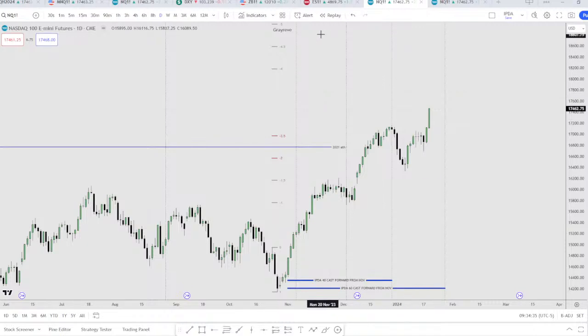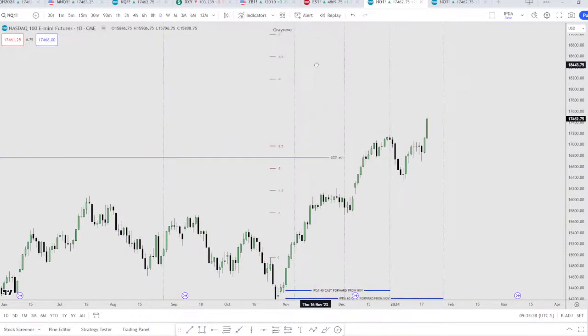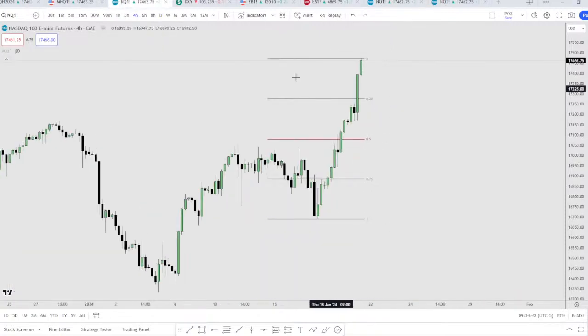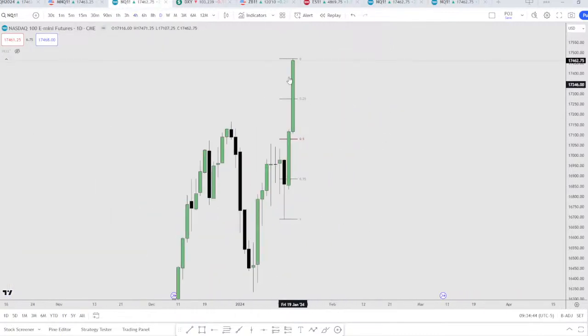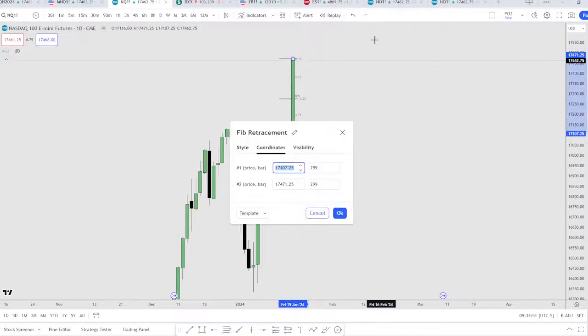Now let's see the daily range. Okay, same thing here.